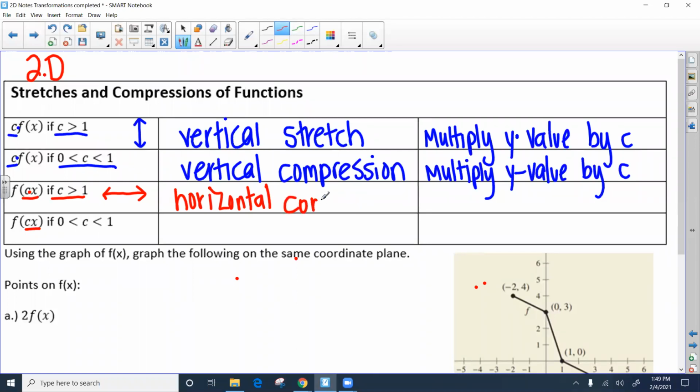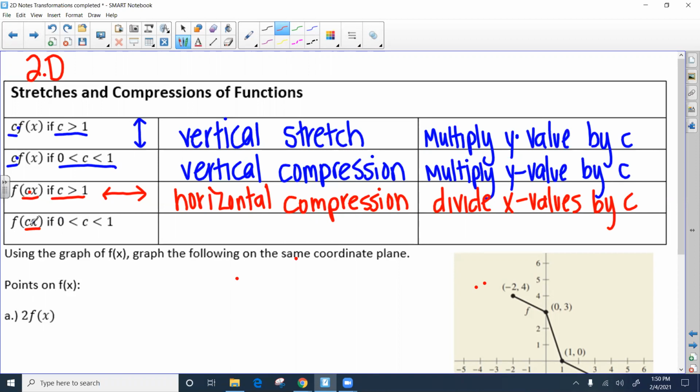So this one is actually going to be a horizontal compression if c is greater than 1. Horizontal compression and divide x values by c.